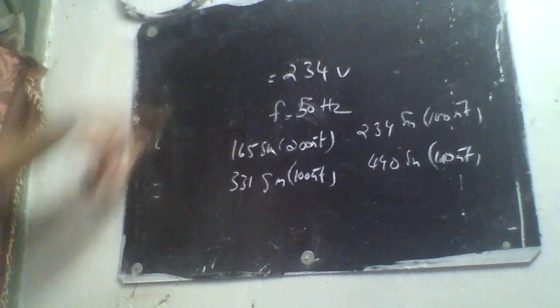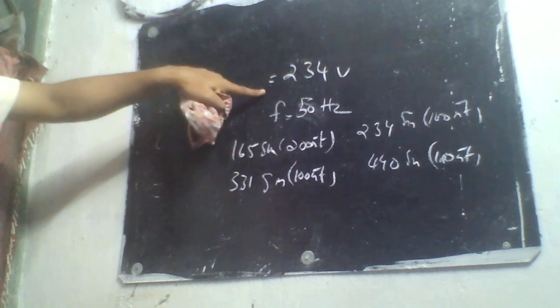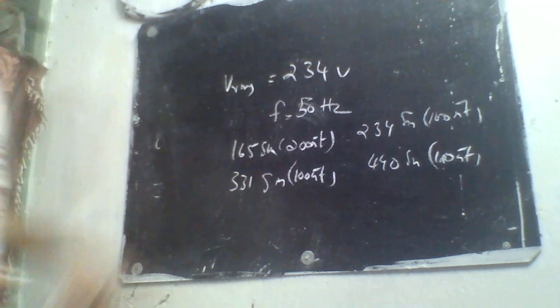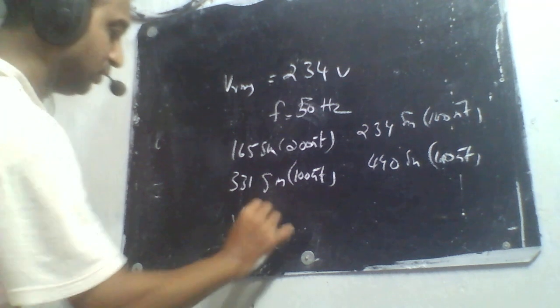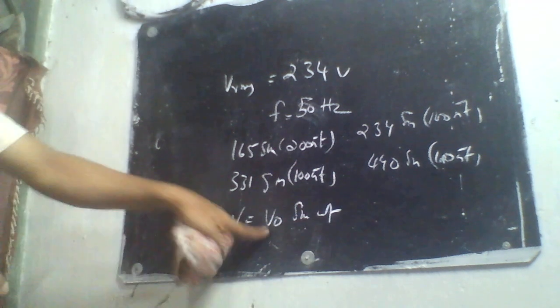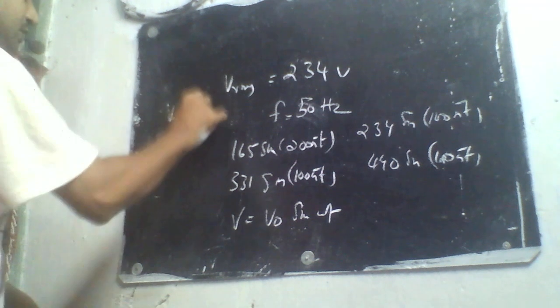Such options will be given. The voltmeter measures 234. I already told you, any instrument which is measuring will be measuring the VRMS. Now this equation is V is equal to V0 sine omega t. Now how will you relate V0 and VRMS? VRMS is equal to V0 by root 2.